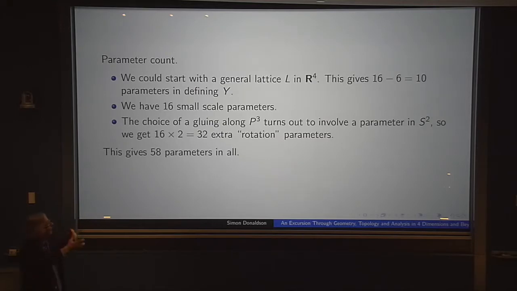You can sort of rotate a copy of X relative to Y. So we get 16 times 2, 32 extra rotation parameters in that way. So overall, we get 58 parameters. What one can show is that in this way, one constructs a 58-dimensional space of solutions of this Hyperkähler condition.